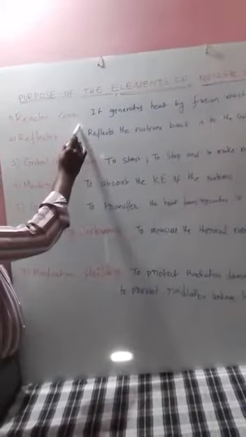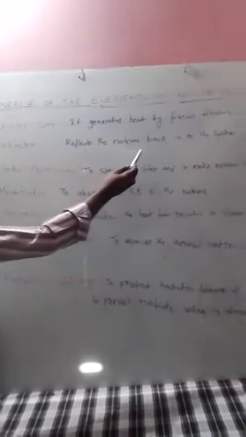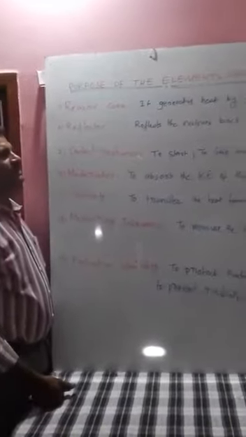In the same way, this nuclear reactor core generates the heat by nuclear fission reaction. Next, reflector. This reflector reflects the neutrons back into the system, so that it prevents the leakage or escape of the neutrons from the reactor to the outside.